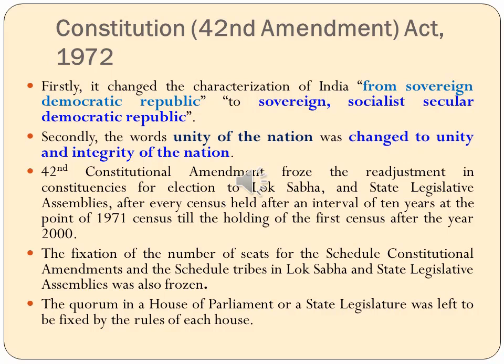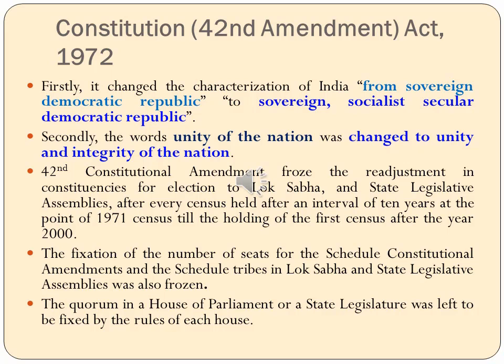It provides for the readjustment of the constituencies for election of Lok Sabha and state legislative assemblies after every census. This was done because after every census the constituencies changed, that is, the borders of the constituencies changed.